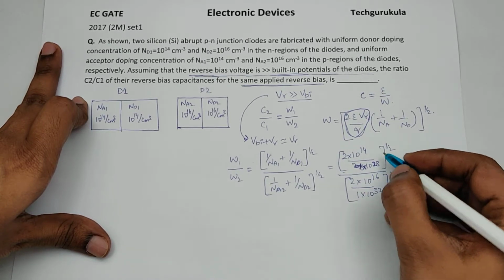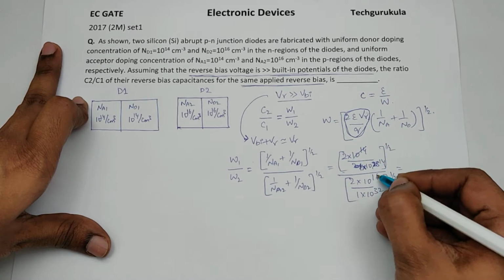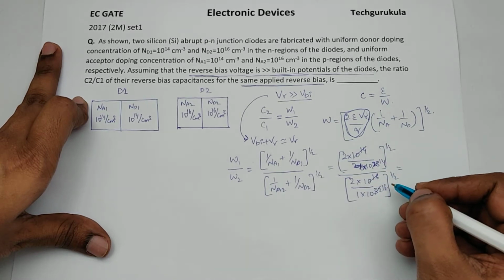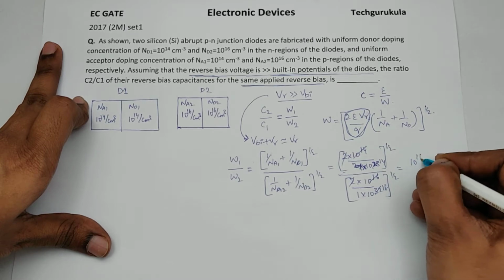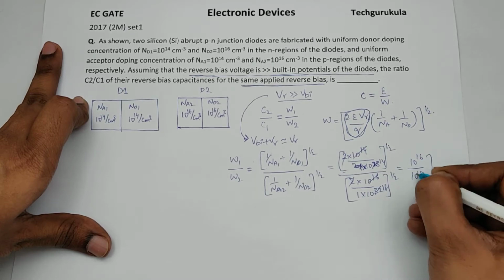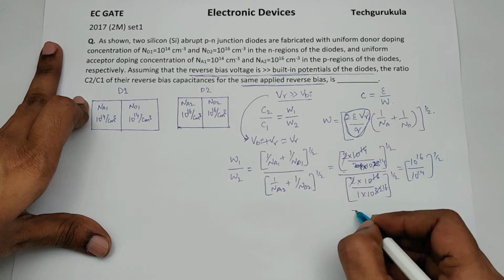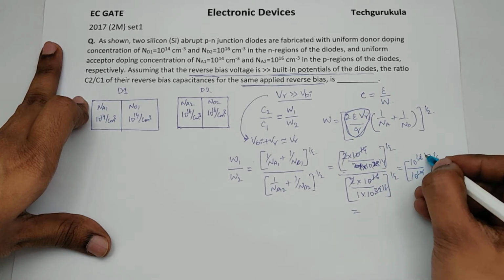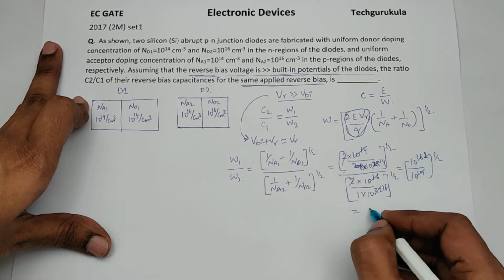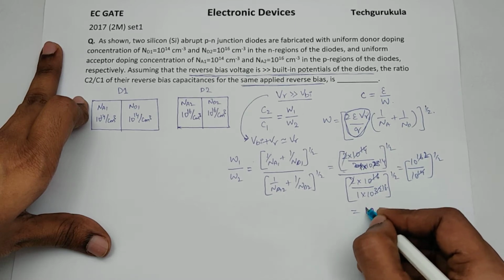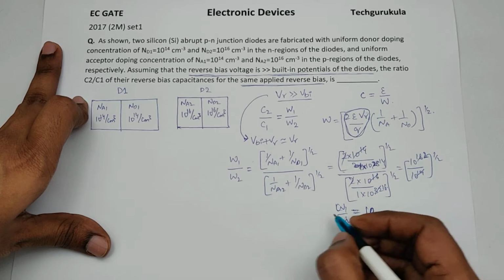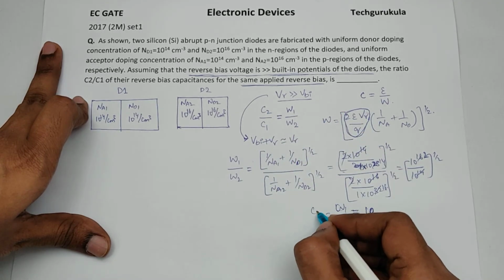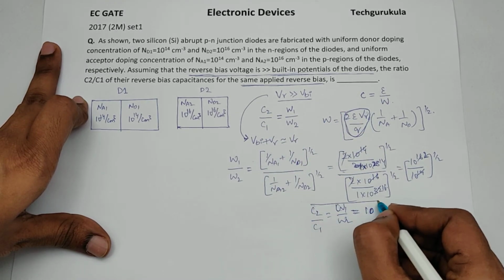So I can write here 14 gone, this becomes 14, 16 gone, this becomes 16. Okay, 2 gets cancelled. Now I get 10 power 16 over 10 power 14 whole power half, which is nothing but 10 square over half, which is 10. So W1 over W2 is 10, which is equal to C2 over C1.